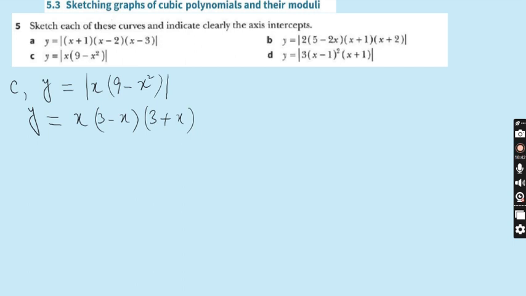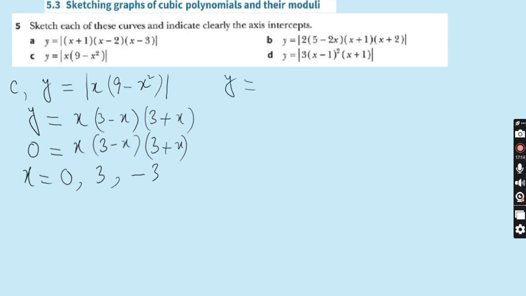Now find the x-intercepts. Put y equals 0, x into 3 minus x into 3 plus x. This gives you x equals 0, x equals 3, x equals minus 3.